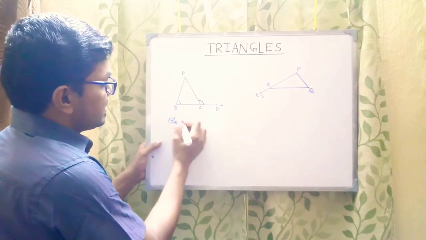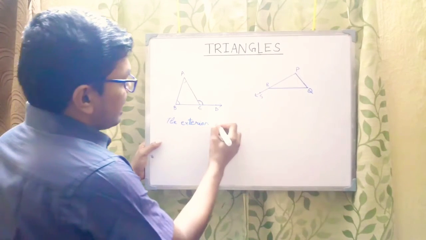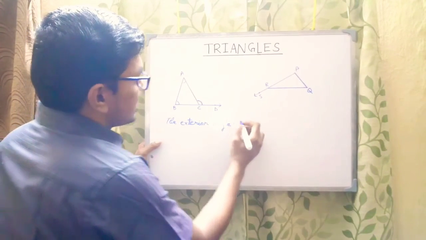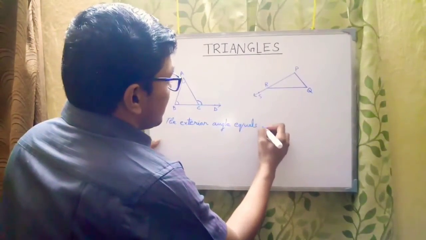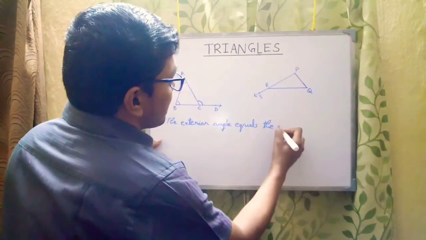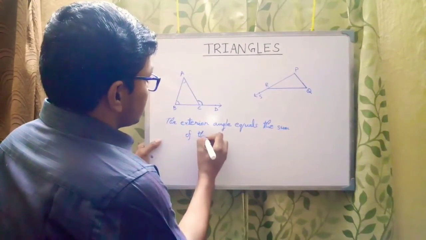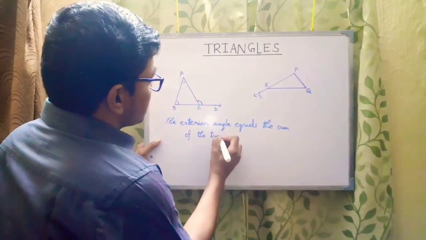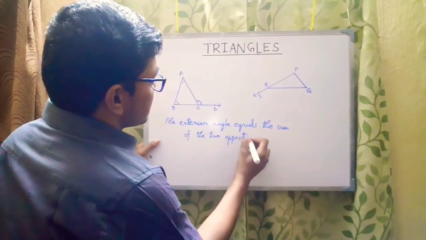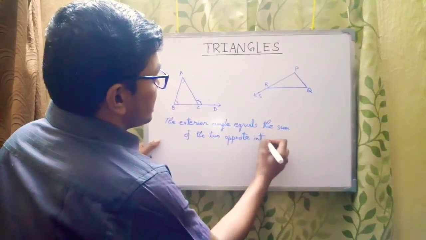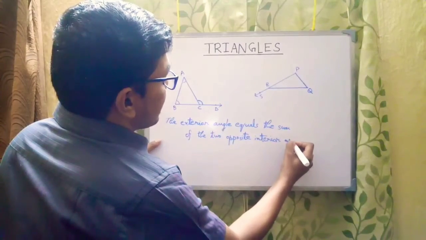The exterior angle equals the sum of the 2 opposite interior angles.